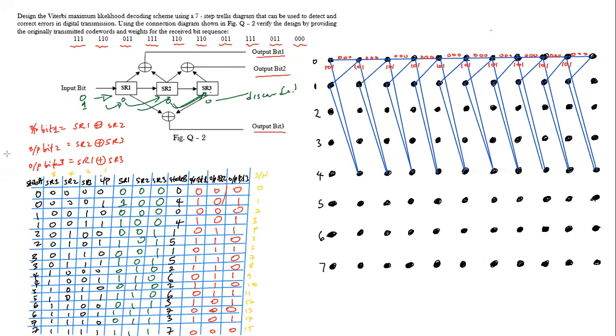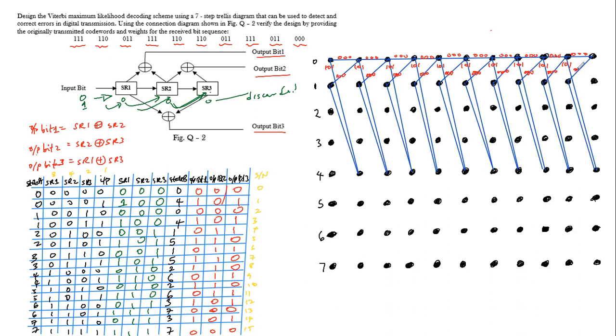And we already know from the table that moving from state 1 to 0 is 000 for all the code words. So this is the 000 code word, again and again. You have to document all of these, okay?